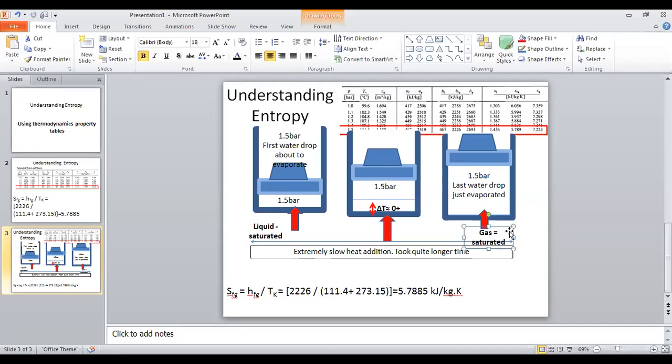Fully gas but saturated, fully liquid but saturated. Here in between 1 and 2, liquid and gas together, we call this in equilibrium.